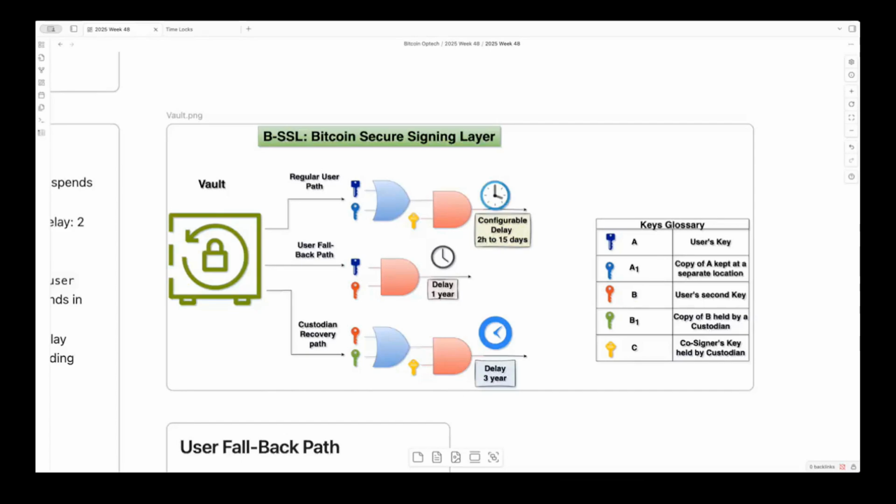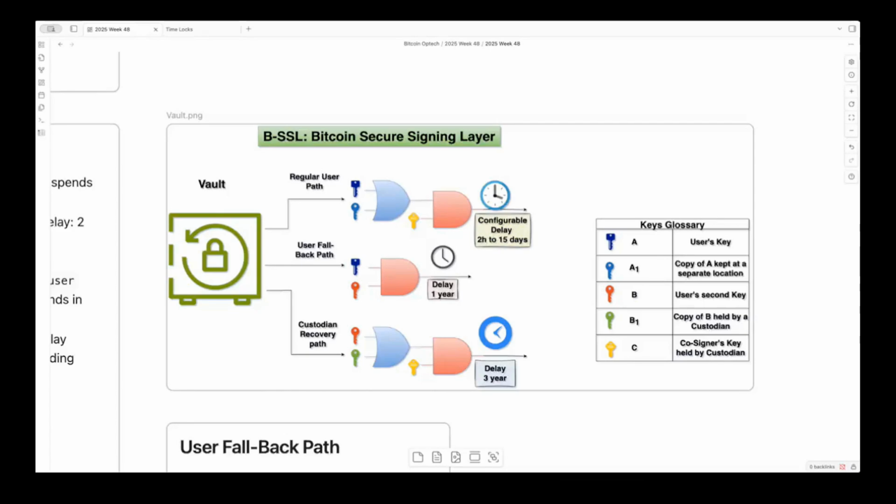If you don't want to use any of these paths, you can use the third path and move the entire funds into a similar vault, the same sort of vault. If you want to use the same keys, you can continue using the same keys. A new transaction has to be done after that time has gone.